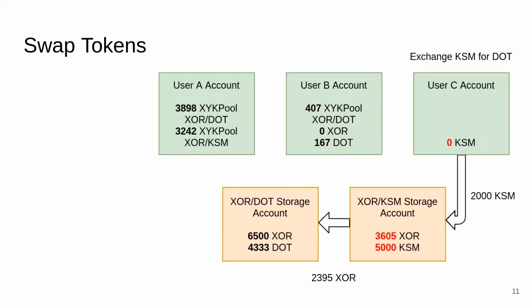Let's go next. And here's the interesting case, the actual swap. User C, who had 2000 KSM tokens, wants to swap them for DOT tokens.